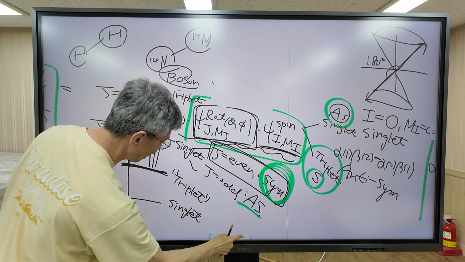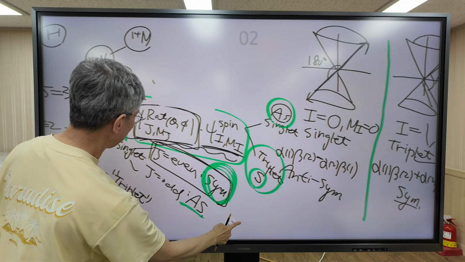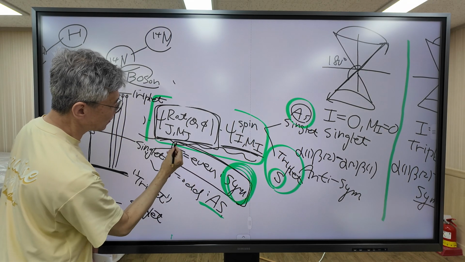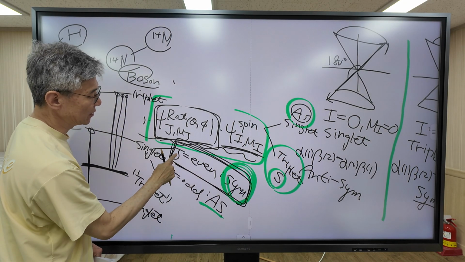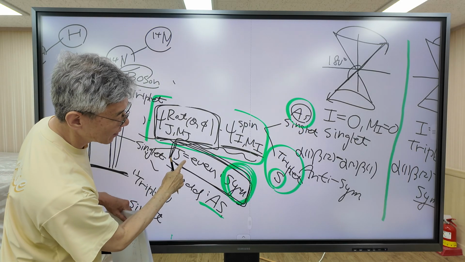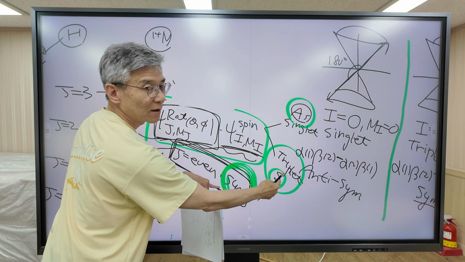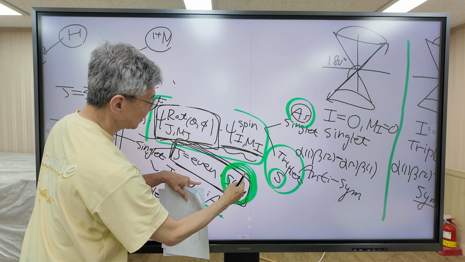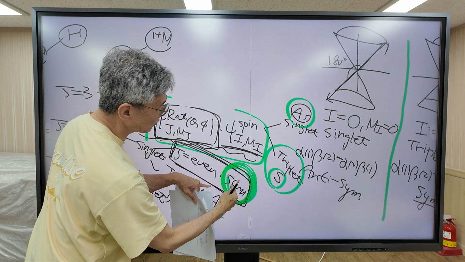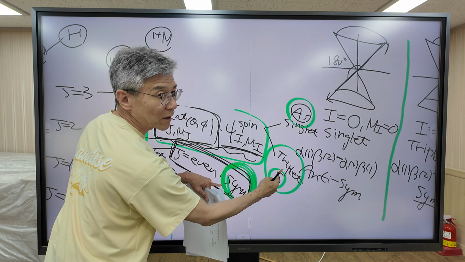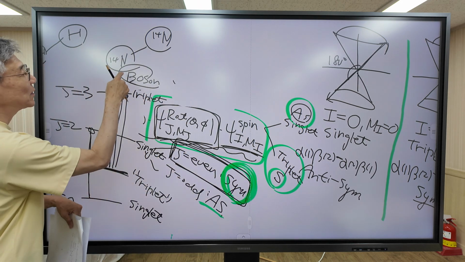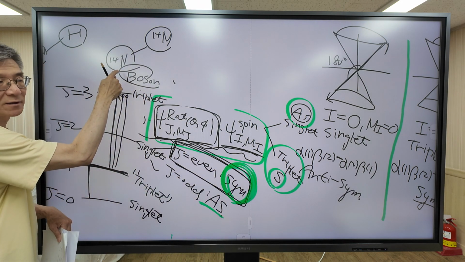Now then, wave function rotational state with even J must pair with triplet state, right? Because symmetric wave function must pair with symmetric wave function to give symmetric total wave function.